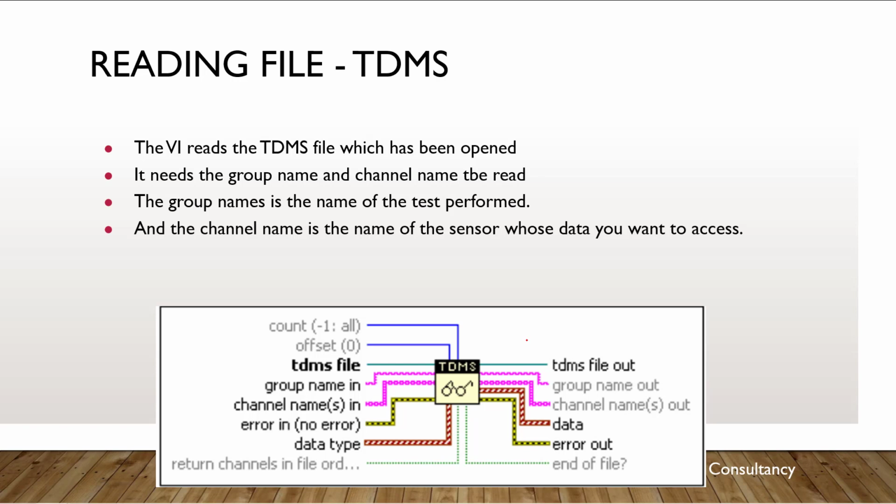Now, reading the TDMS file, the VI reads the TDMS file which can be opened, and it will need the group name and channel name to be read. So for example, let's say you are testing a bearing, and this is in continuous operation. For this bearing you are using two different sensors: one is your accelerometer and the other is, let's say, a microphone.